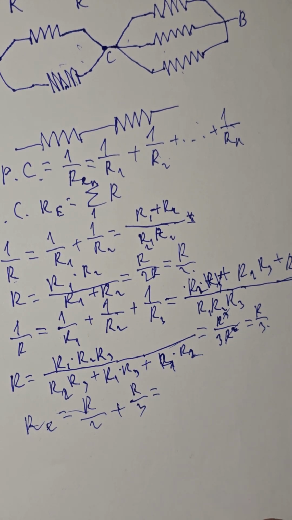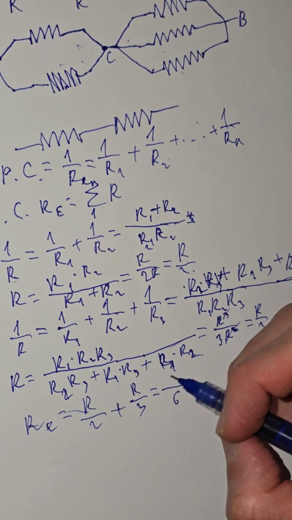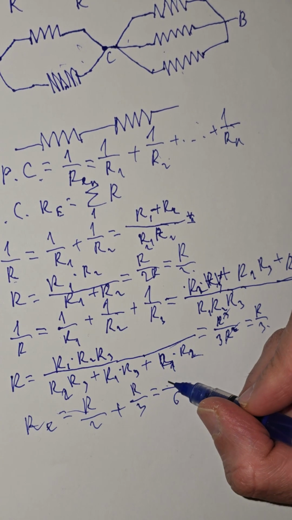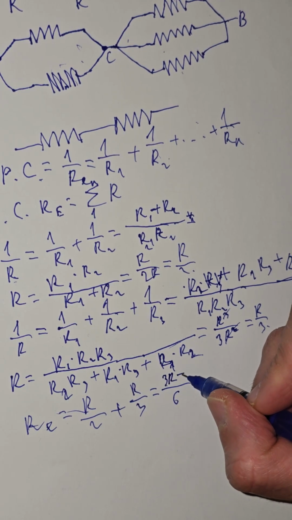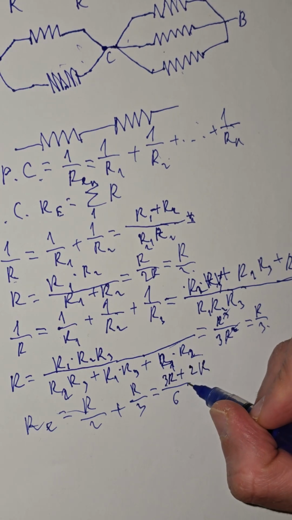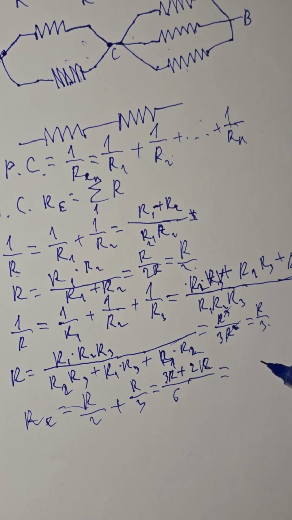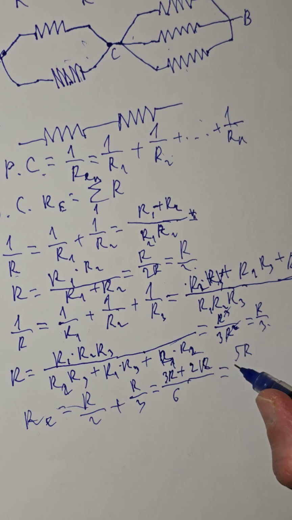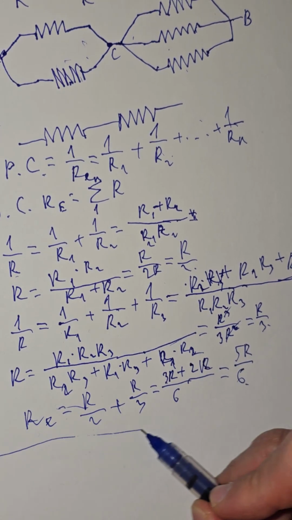What is that equal to? Here will be the 6, here will be 3R, here will be 2R. So the equivalent resistance will be 5R over 6.